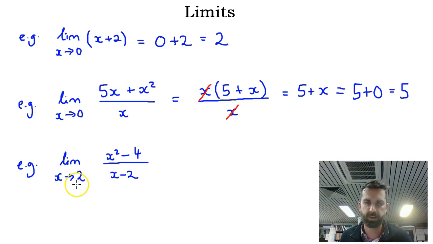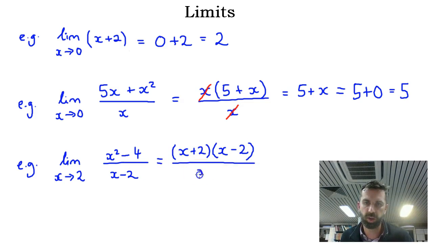Well, in this case, again, if we put the 2 straight in, that's going to be 2 take 2, which is 0. That'll be undefined. So I need to simplify this and get rid of that off of the bottom line. Luckily, we all did quadratics in semester 1, and we know that x squared take 4 can be factorized as x plus 2 multiplied by x take 2, all over x take 2.